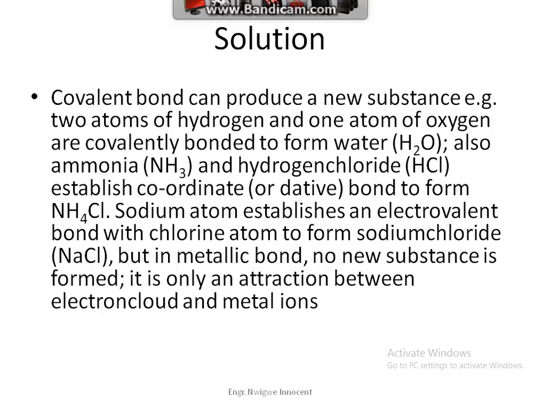Sodium atom establishes an electrovalent bond with chlorine atom to form sodium chloride. But in the metallic bond, no new substance is formed. It is only an attraction between electron cloud and metal ions. Therefore, the answer is B.